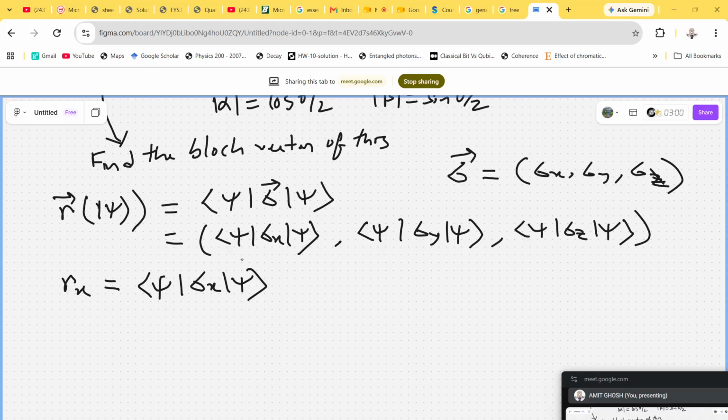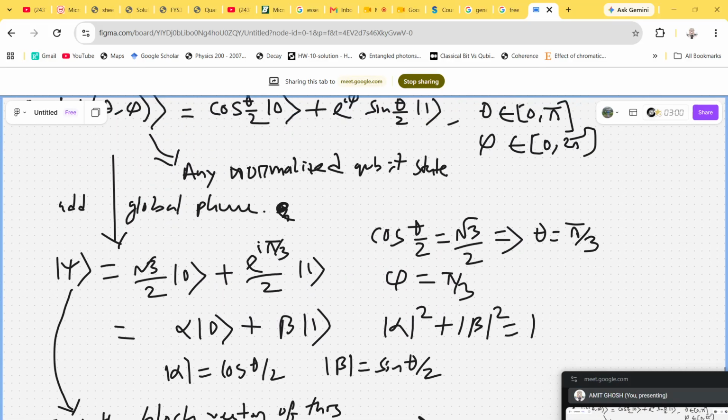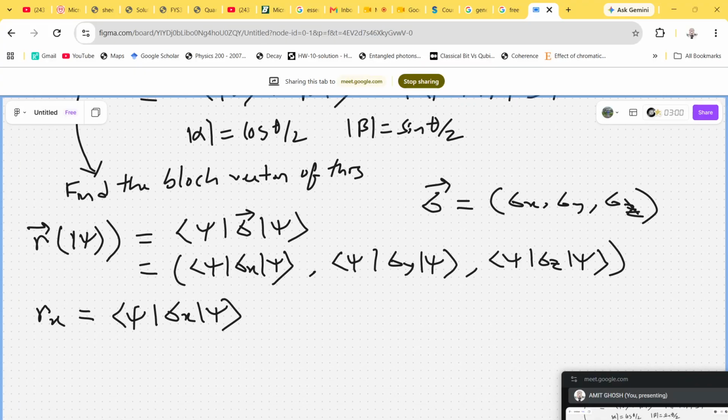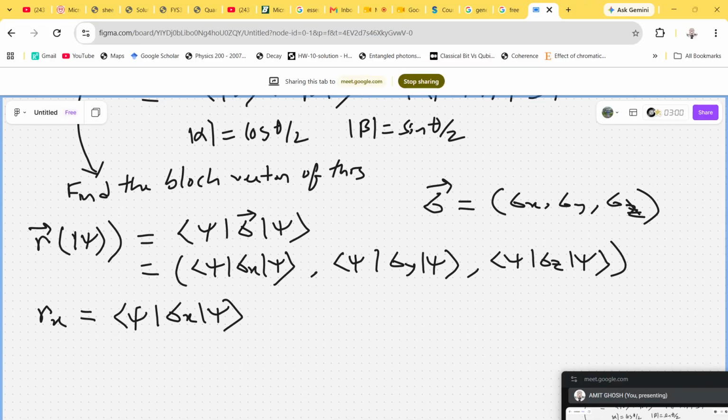Now psi, you take the general state cos(theta/2)|0> plus e^(i phi) sin(theta/2)|1>. Now just calculate this one. So what will be the Rx?